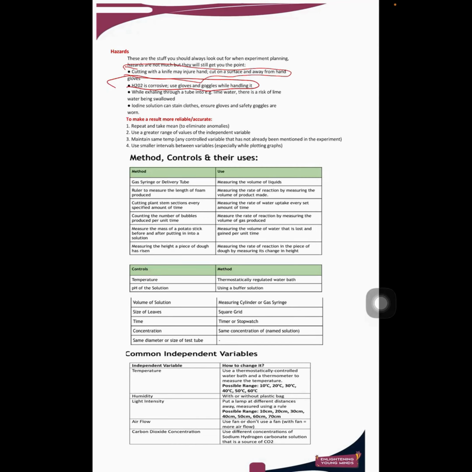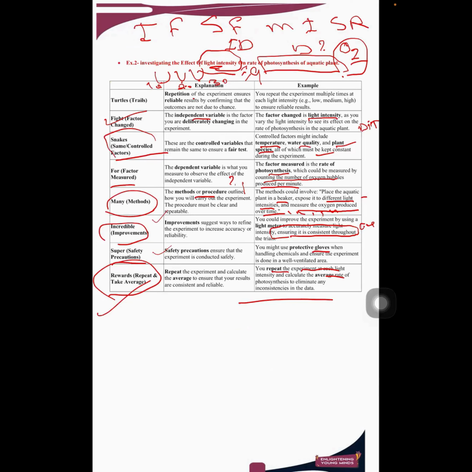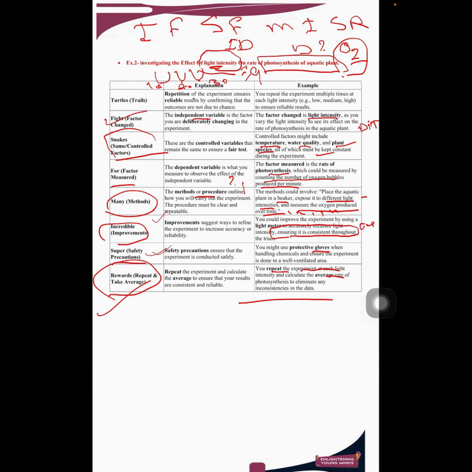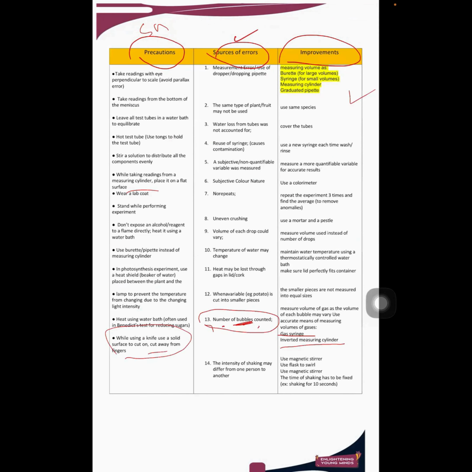Hydrogen peroxide spills: wear gloves and goggles, take care from staining of your clothes. So all of these, you are adding in which part? In the safety precaution part. This table, you add it where? Here, in the improvement part. You have to understand and memorize these ones.